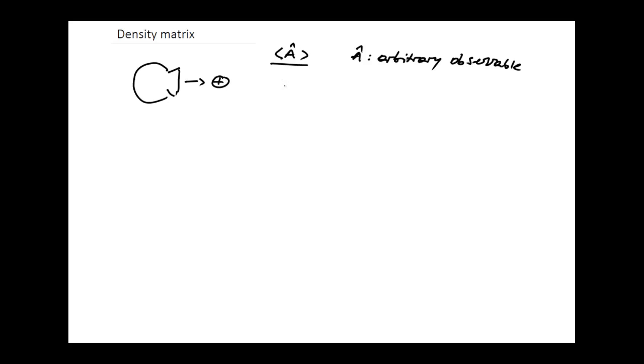I sandwich A between the pure state, the superposition state plus. And we learned before that I can also write this as a trace over the projection operator onto the plus state times observable A.